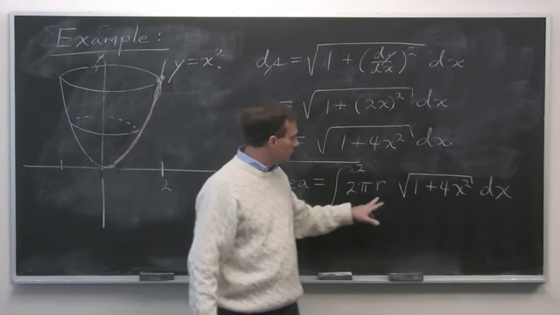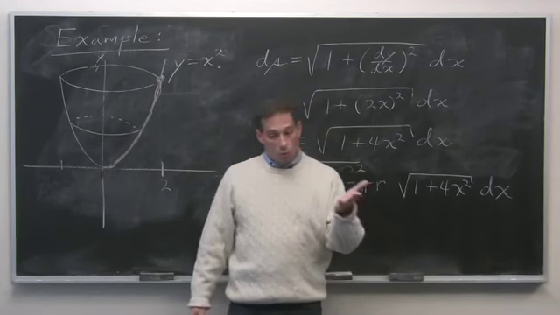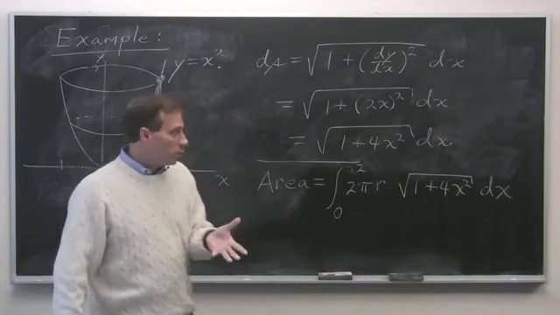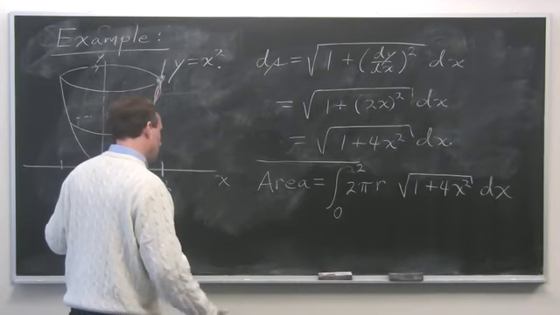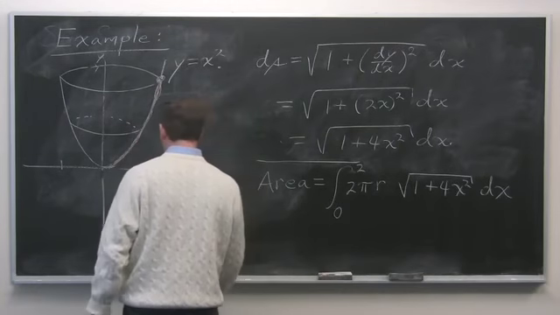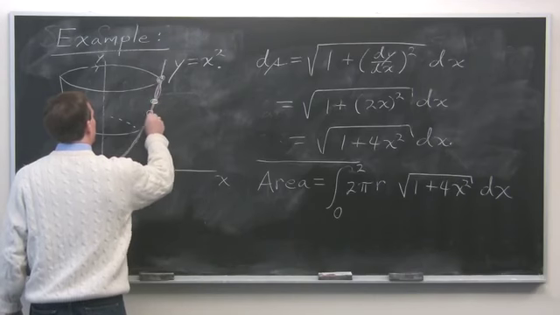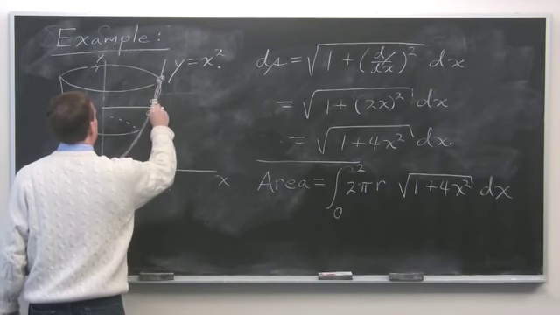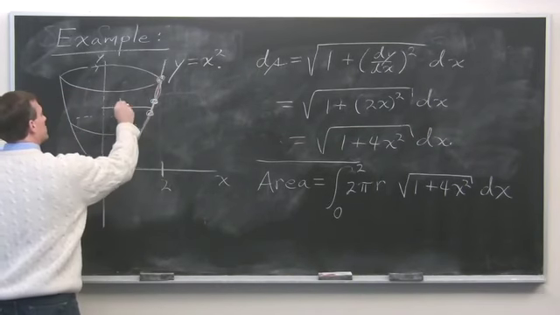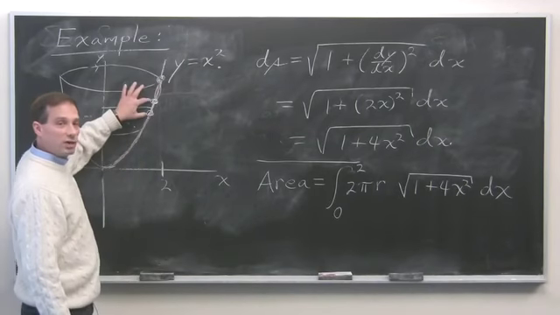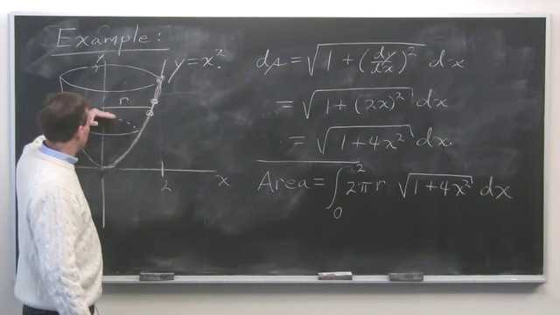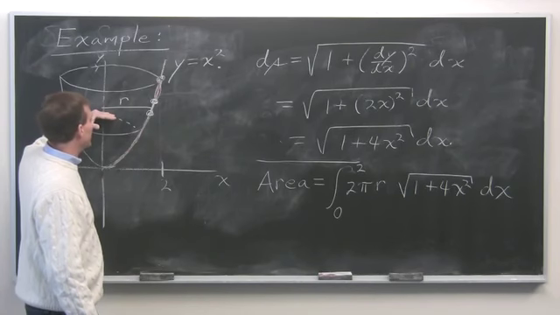Pi is a constant, but here's an r and here's x. We're integrating with respect to x, and so we need everything in terms of x. And so once again, as in the previous problem, we need to know, as a function of x, what is this radius, the distance from little chunks on the curve to the axis of rotation, revolution.